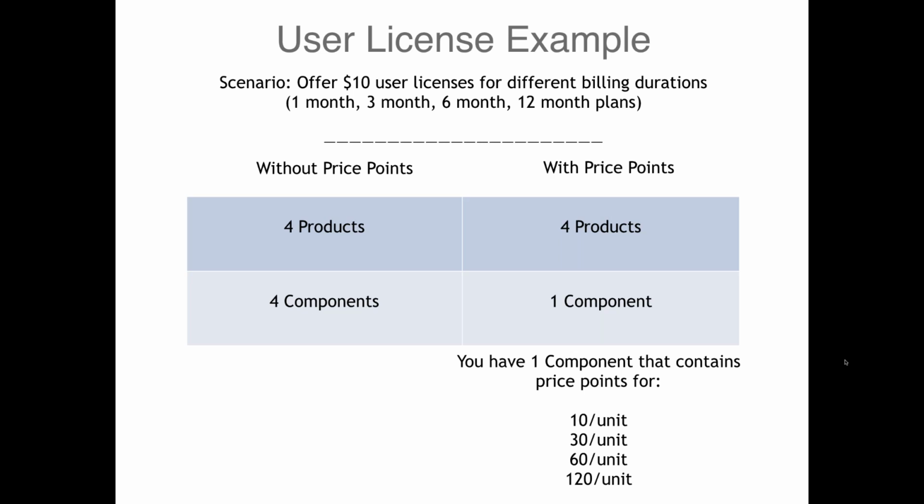One component for $10 per unit, one component for $30 per unit, $60 per unit, and $120 per unit. Now, price points simplifies that greatly because now you only need 4 products and 1 single component. So you could have 1 component, and then within that component, you have 4 price points, 10, 30, 60, and 120 per unit. And therefore, you effectively solve the use case of user licenses who have different billing durations, such as the 1, 3, 6, and 12-month plans.